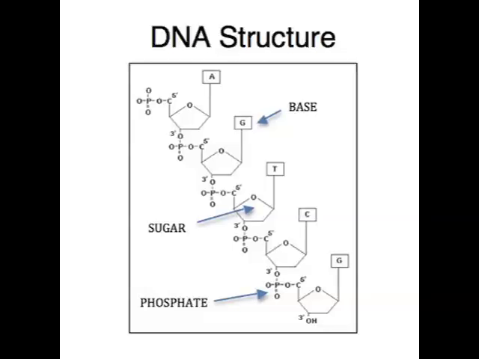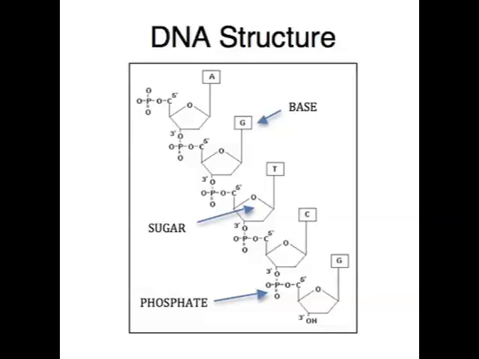And the 5' end and 3' end actually have to do with the numbers of carbons in that sugar. So you can count around the ring of sugar in deoxyribose, and when you count the carbon molecules, you'll go 1, 2, 3, and there'll be a 3' end, and that's where the sugar molecule is.